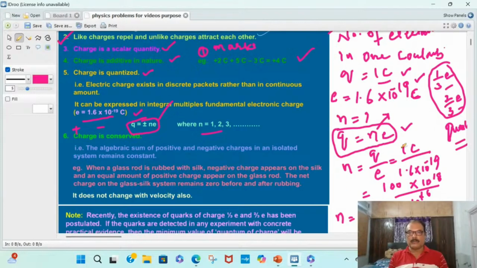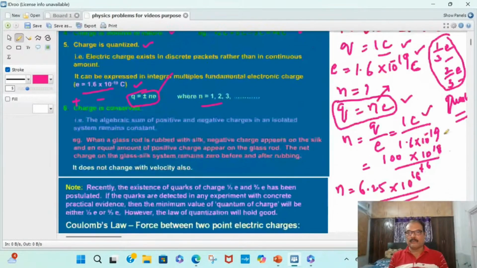Number of protons n equals Q by e, where Q is 1 coulomb, as given, and e is 1.6 into 10 to the power of minus 19, the charge on a proton. If you remove the decimal you will get 10, and 1 becomes 100, so 10 to the power of 19 becomes 10 to the power of 18.